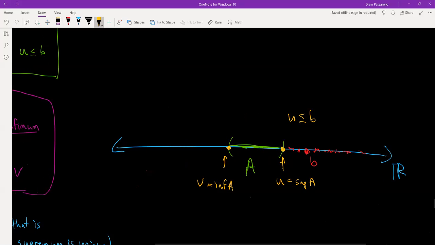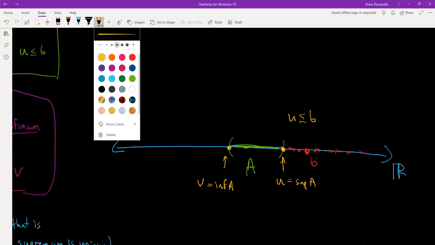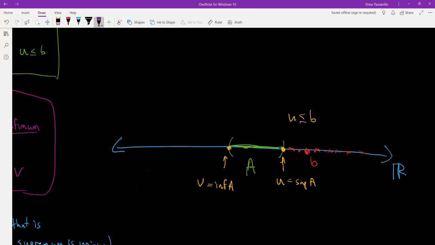And then for the infimum, these values are lower bounds of A, any of these values.